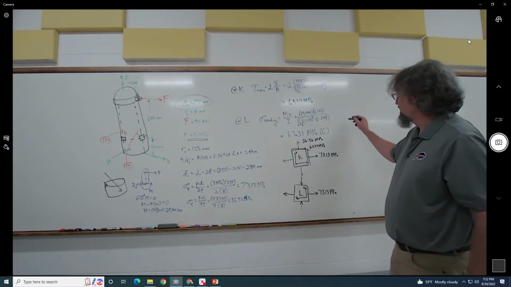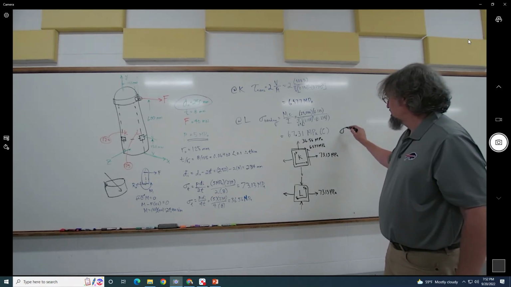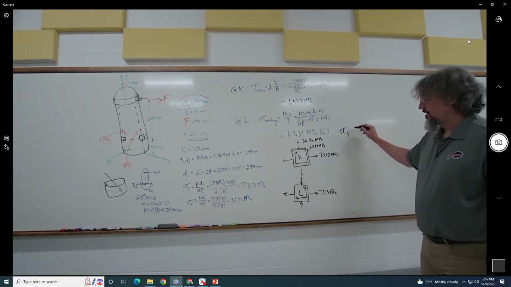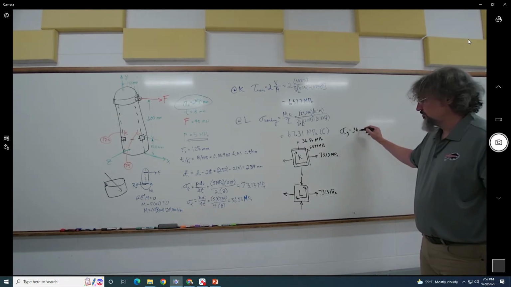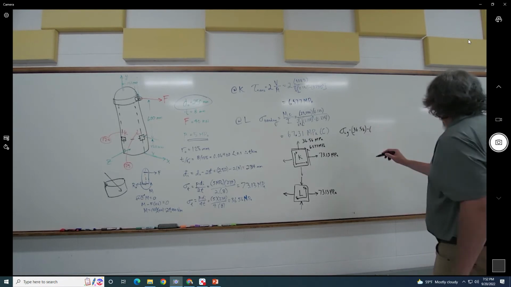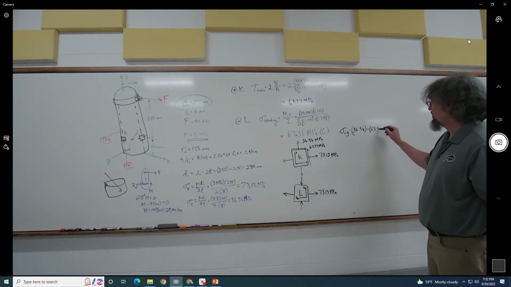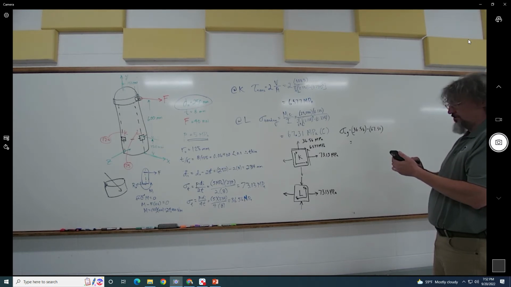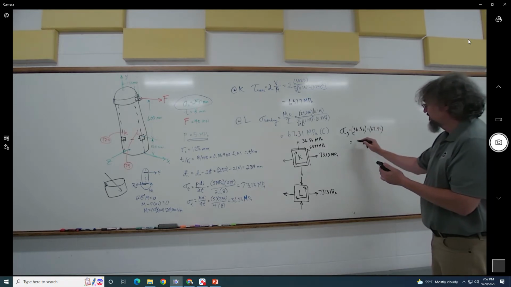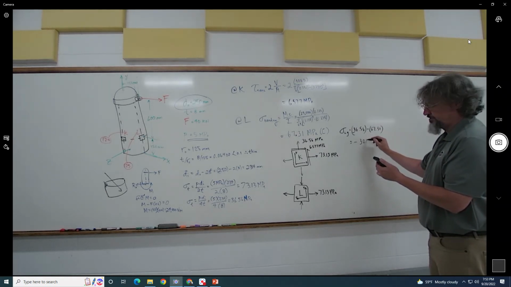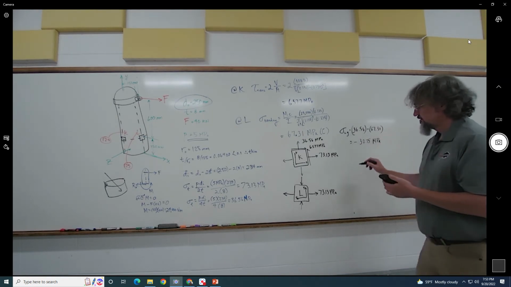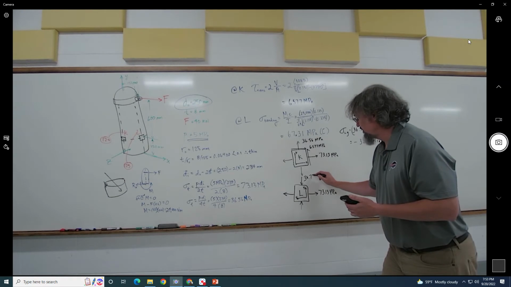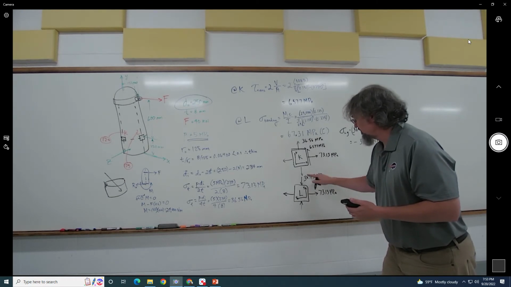And maybe we'll call this sigma LY. It's going to be 36.56 minus 67.31. So we get a negative 30.75 megapascals.